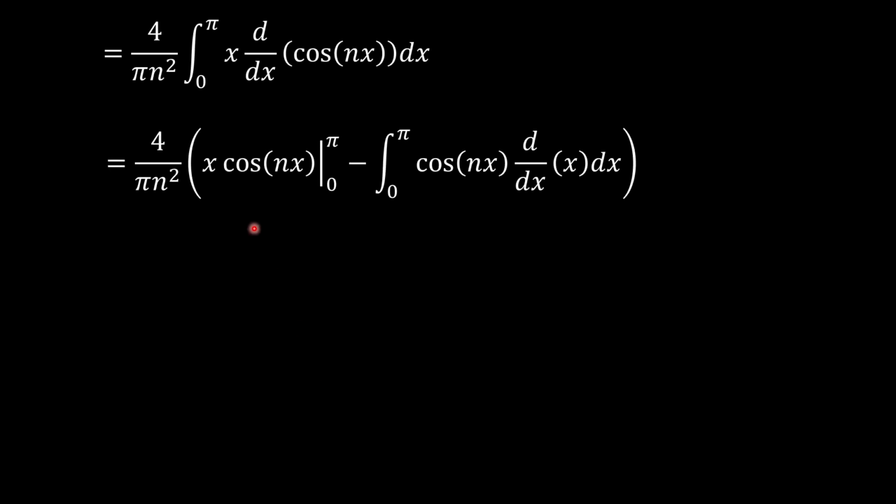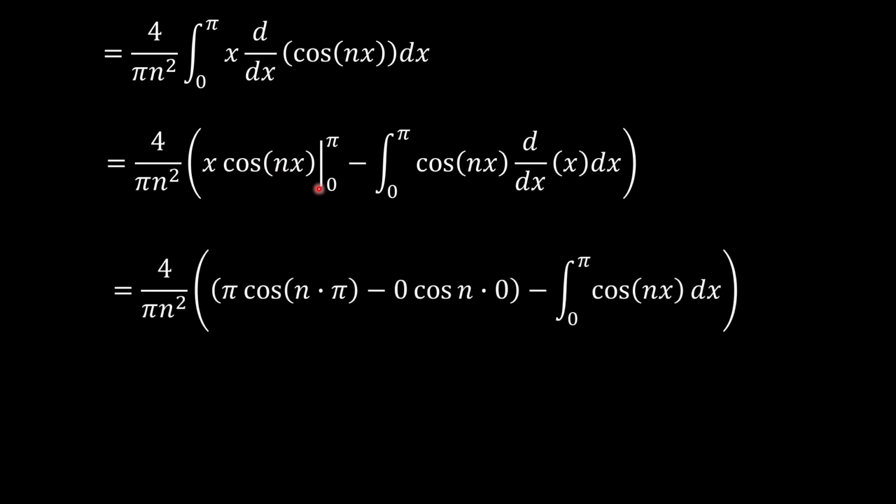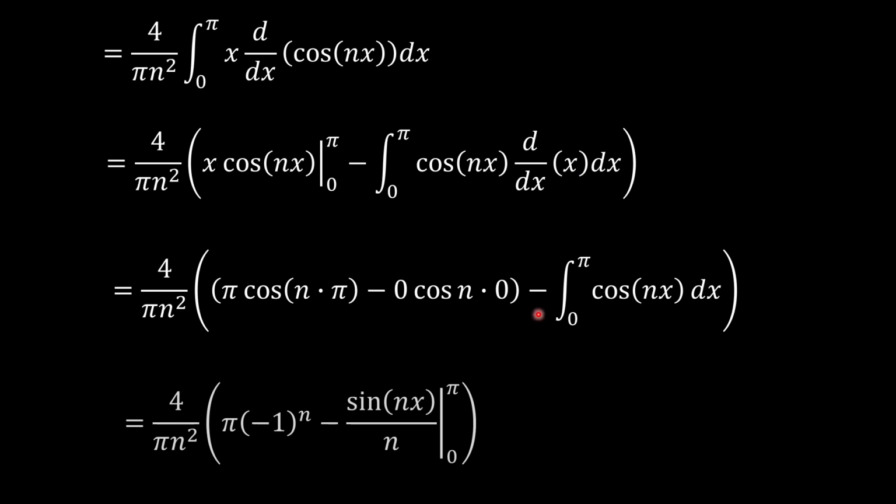We have x times cosine nx from 0 to pi, minus the integral from 0 to pi of cosine nx times the derivative of x. Okay, and so substituting in, we have cosine n pi times pi. This becomes negative 1 to the n times pi. The lower limit becomes 0 because we have this 0 out here, and then we have minus the integral from 0 to pi of cosine nx, since the derivative of x is 1.